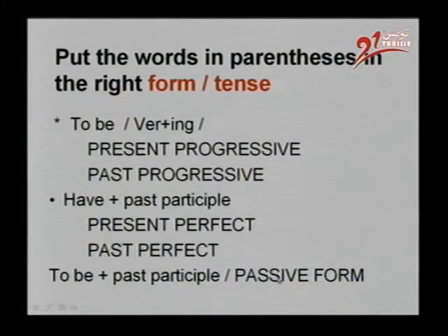And pay attention, sometimes you are asked to put the words in the right tense and form at the same time. For example, if I take the verb to send, and I want to speak about the email which was sent by my friend, I have to change the tense of the sentence, and I get the email to be in the past, was, plus past participle, which means the passive form, and the tense is in the past.